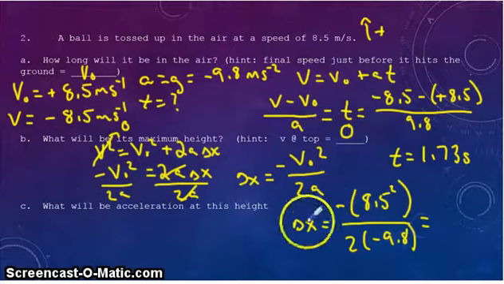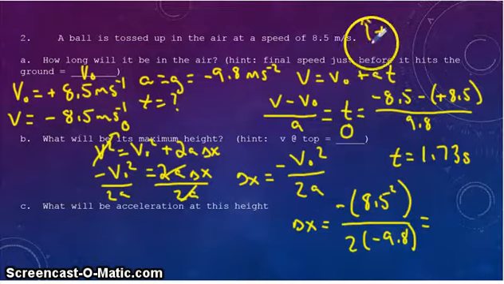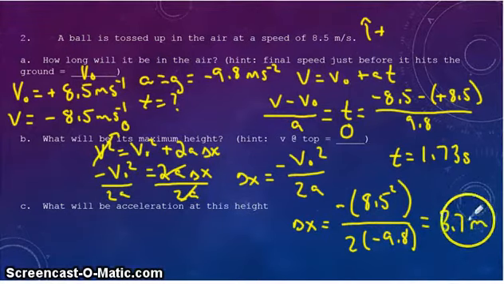So I get a positive displacement, because I get a negative divided by a negative, which makes sense because it's on its way up, and we called up to be positive. I get 3.7 meters. And that would be the maximum height.